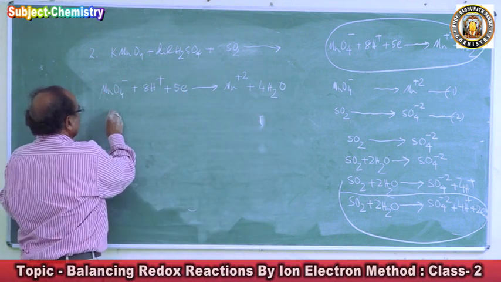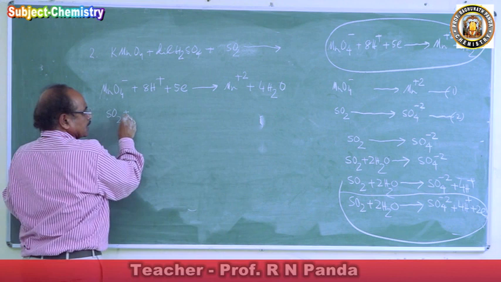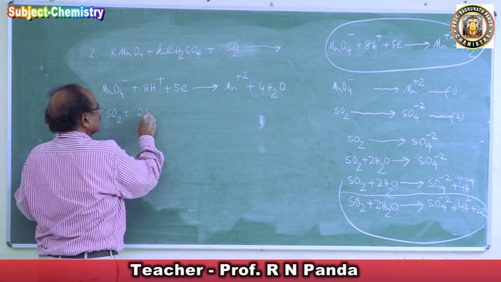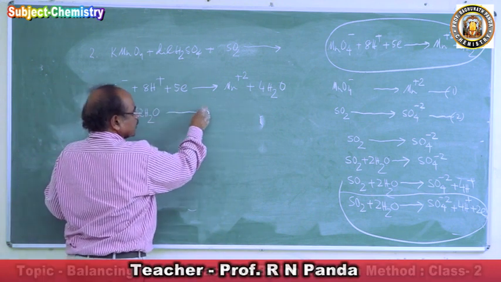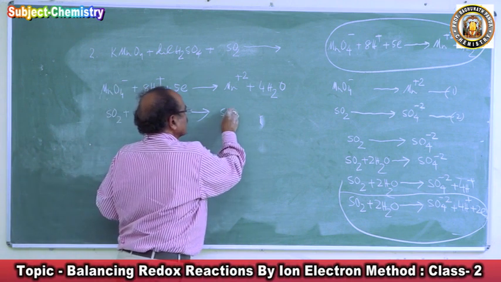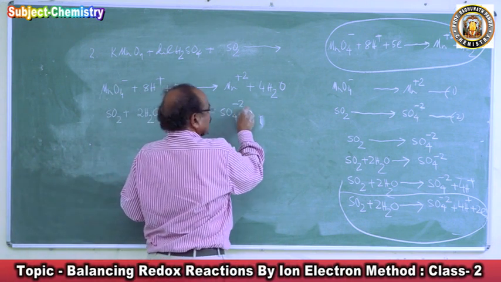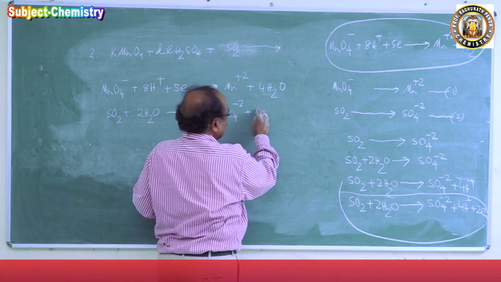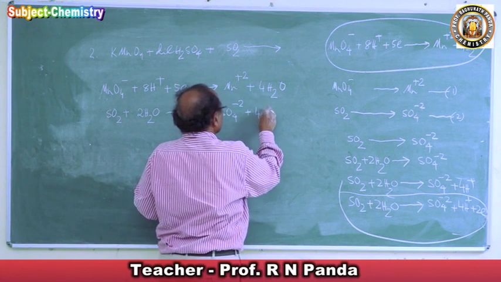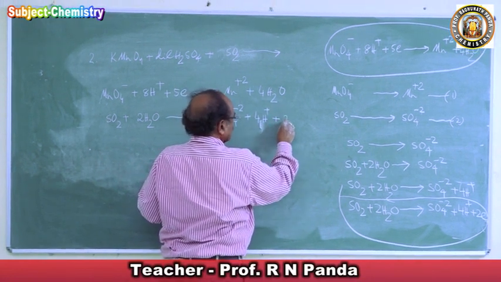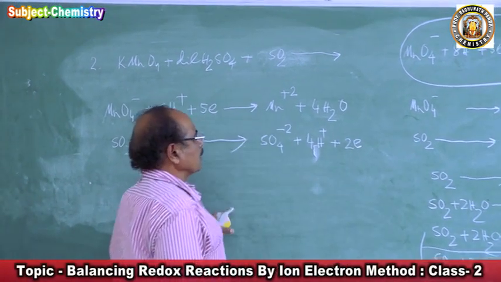And sulfur dioxide plus 2 water gives us SO4 minus 2 plus 4H plus plus 2 electrons.